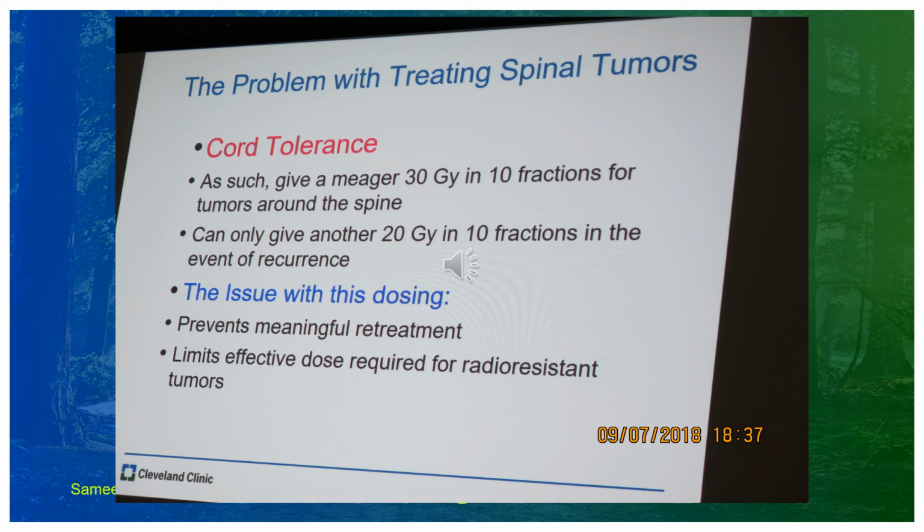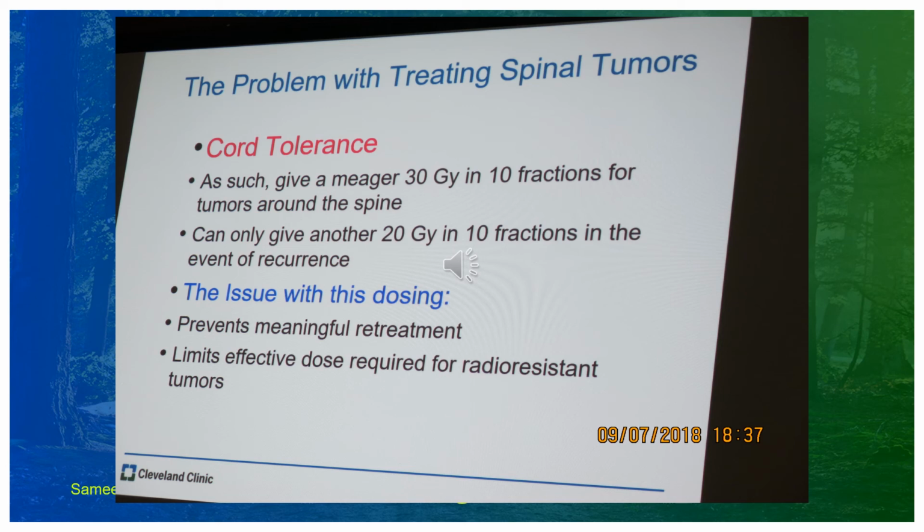Radiation treatment is important in spine secondaries, but the main problem is that we cannot give an overdose of radiation because of the issue of cord tolerance. If we are giving extra radiation that is outside the cord tolerance, it will develop microcirculatory thrombosis and cord infarction.